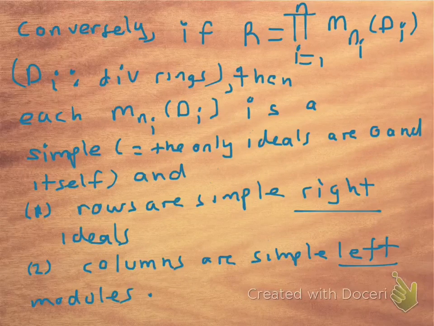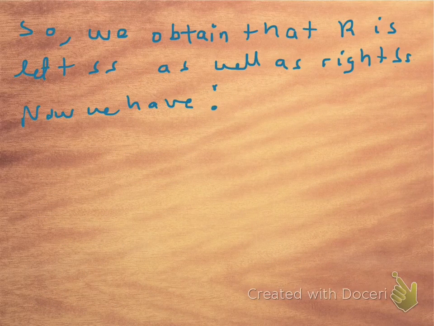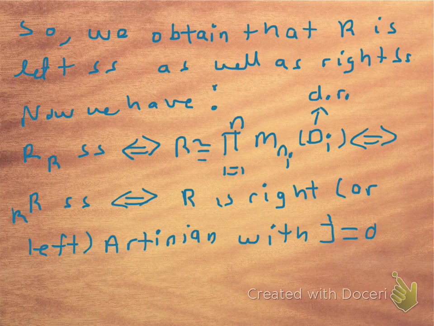Hence the symmetry follows. So we obtain that R is left as well as right semisimple if it's a direct product of matrix rings of that form. But then this implies that a right semisimple ring is left semisimple too.